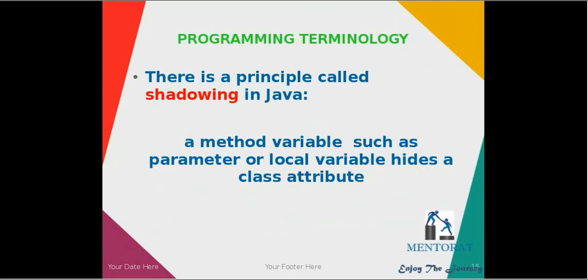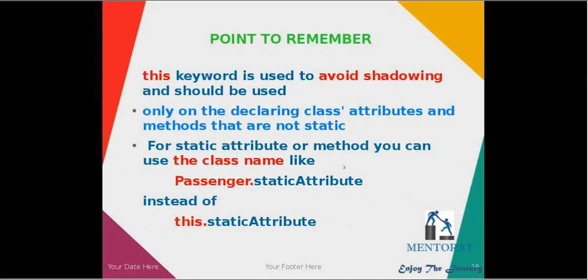This is the principle called shadowing in Java: a method variable such as a parameter or local variable hides a class attribute, and the this keyword is used to avoid shadowing and should be used only on the declaring class's attributes and methods that are not static.